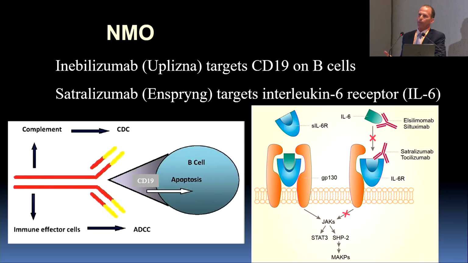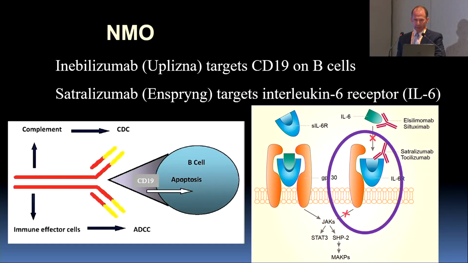So if you can bind the IL-6 receptor and prevent it from binding to the GP130, you can stop the JAK cascade. And so this is another class of drugs. And of course, there are many different drugs that do the same thing that are under development because it's lucrative. So that's the area of it.